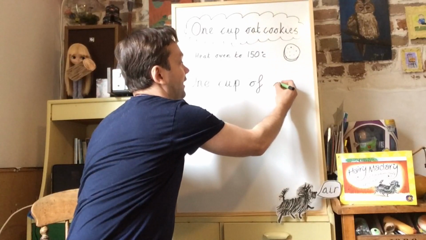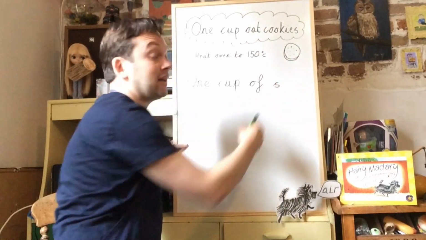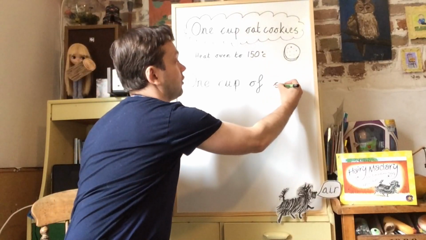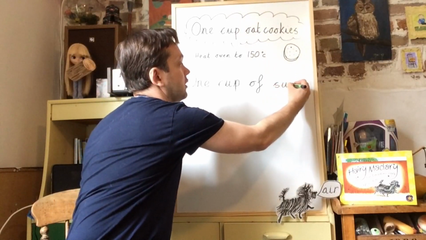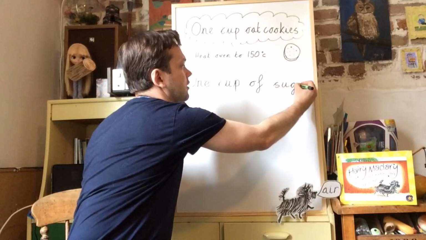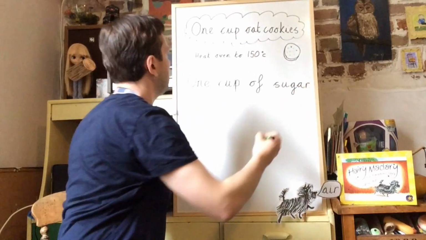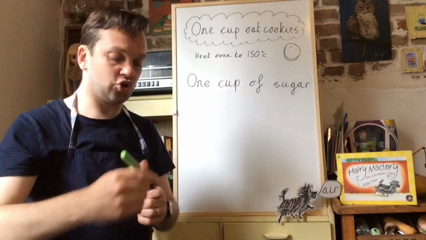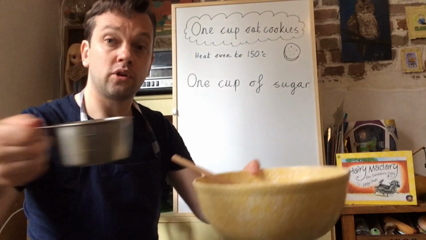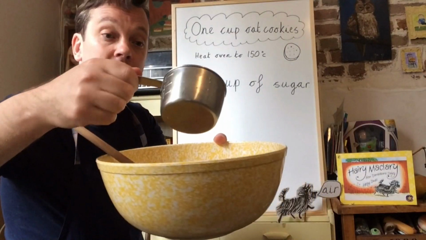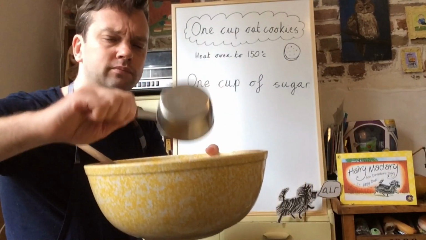The letter S actually makes the sh sound for sugar. And then it's U-G-A-R. So 1 cup of sugar. Now 1 cup of sugar goes in my bowl, okay? In it goes. 1 cup of sugar in the bowl.